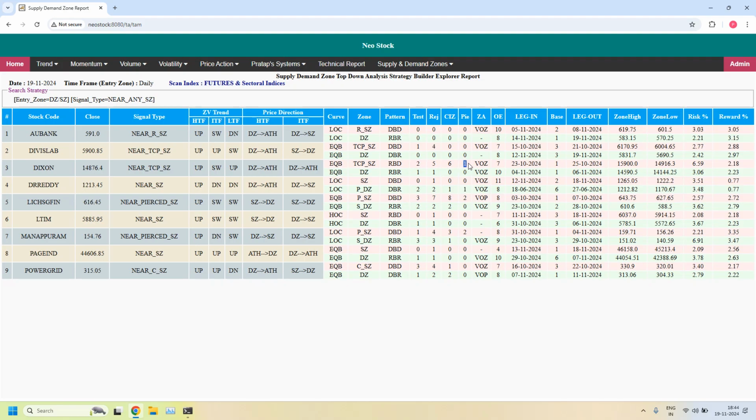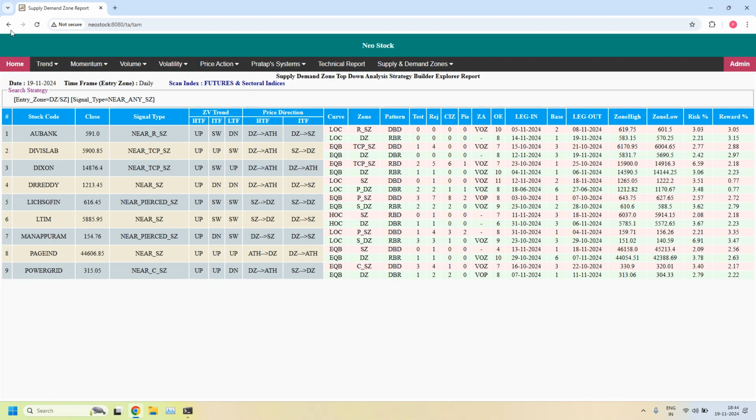Dixon is a pierced zone. It is not valid. So we have only 3: AU Bank, Divi's Lab, and Power Grid. So 3 are valid supply zones. Ignore Dixon, it is an already pierced zone.